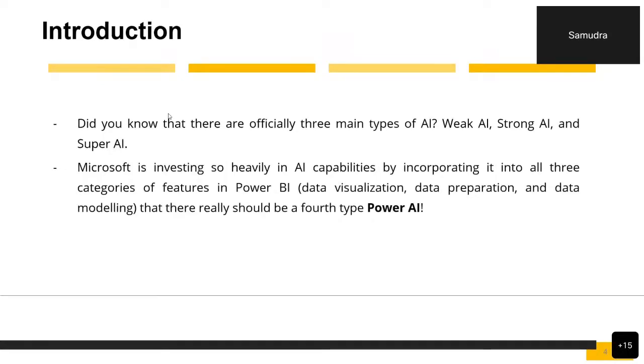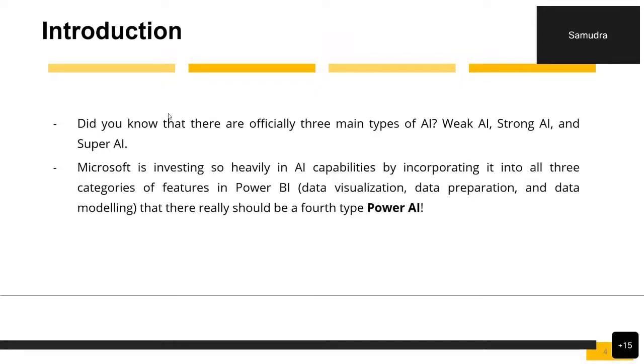Basically, AI means we train some models and create some machine learning components, and then finally the AI components. They can predict some analysis, and they can work independently.